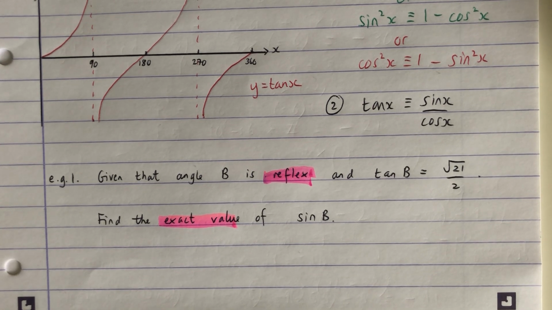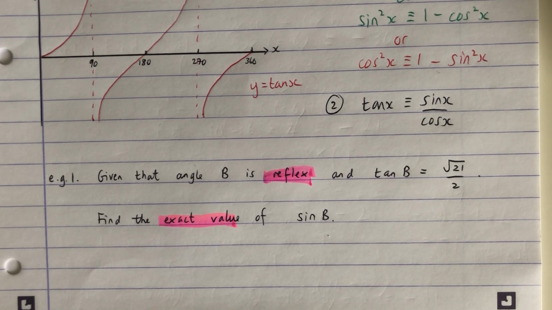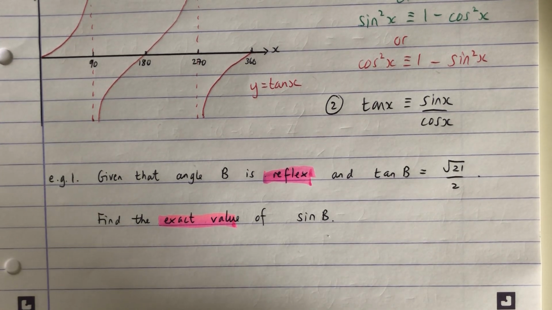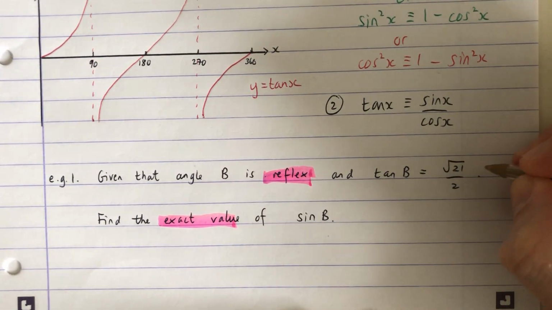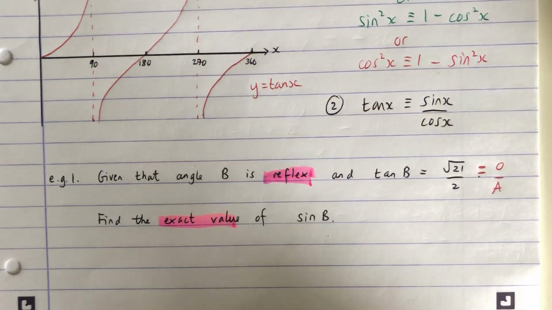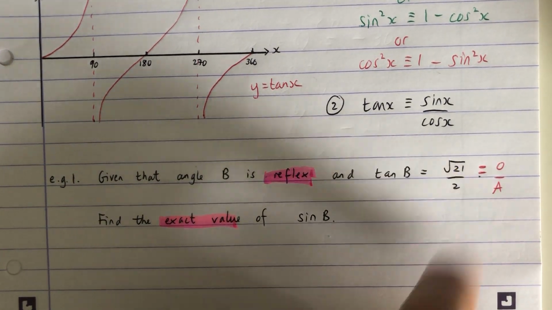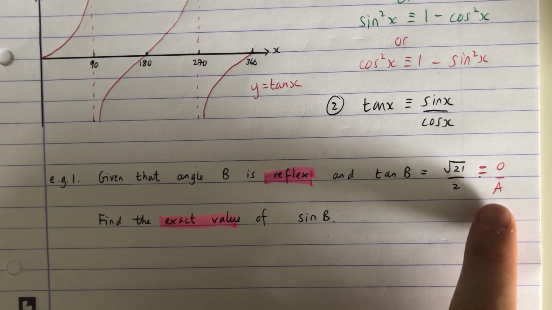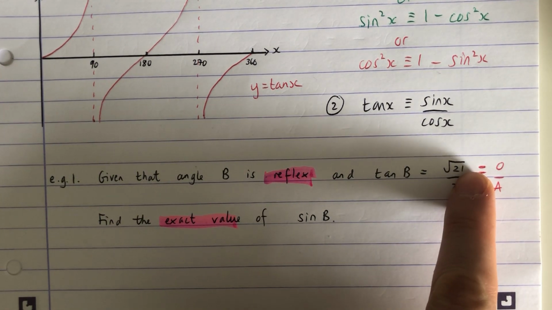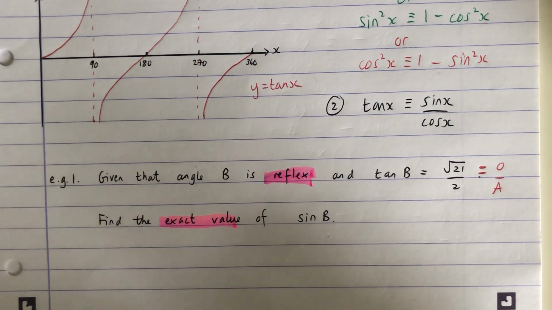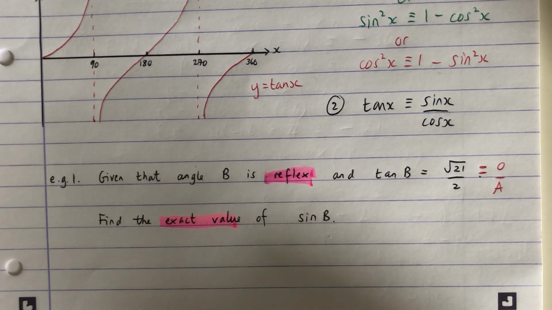And it is actually relating tan, sine or cos back to GCSE maths and what they would be equal to in terms of SOH CAH TOA. So tan is TOA, which is the same as opposite over adjacent, which means this trig ratio is connected to a triangle with the opposite being root 21 and the adjacent being 2.